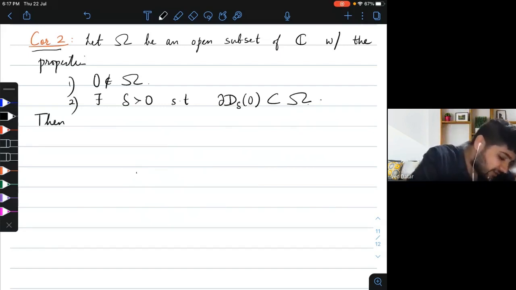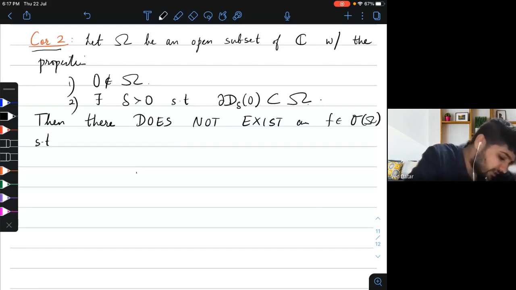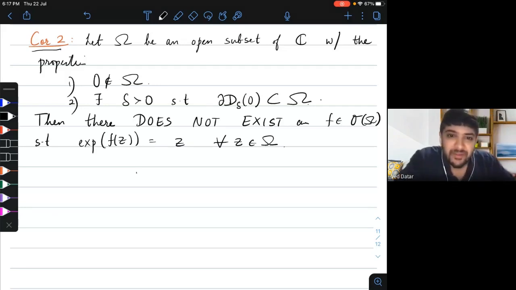Then there does not exist a holomorphic function f on omega such that the exponential of f of z is equal to z for all z.